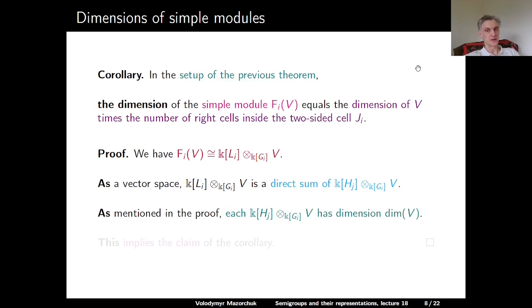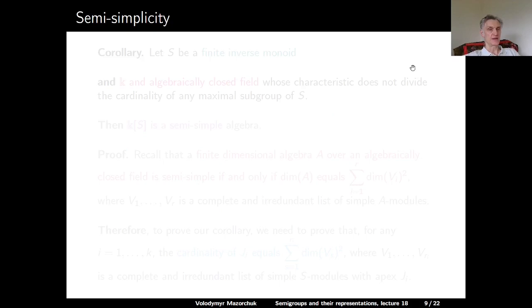And the number of summands here is equal to the number of right cells inside Ji, and this implies our corollary.